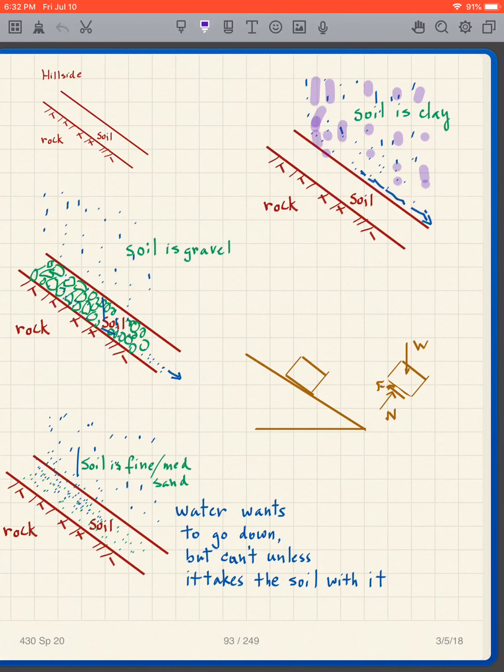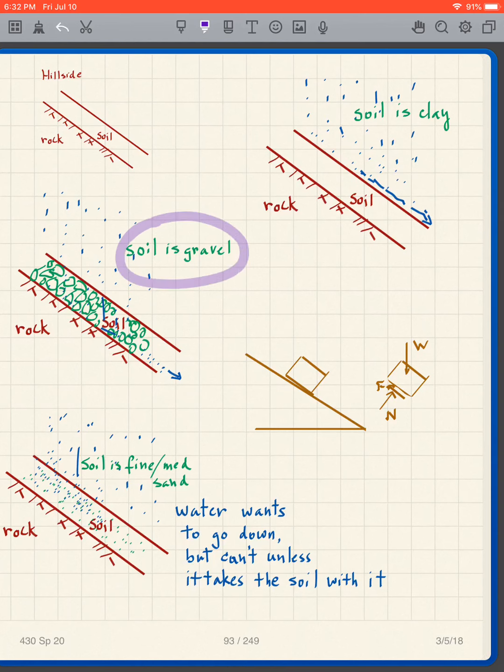And if that's the situation, I'll enhance this in a minute, but it has no effect on the slope. The rain, in this case, does not cause a slope failure because it doesn't affect the soil.